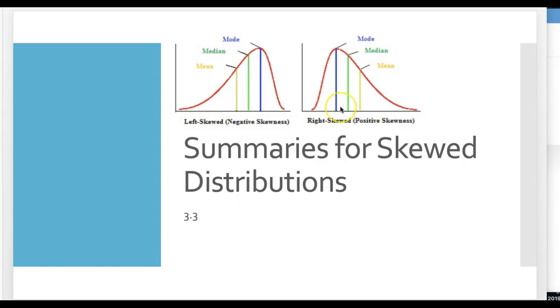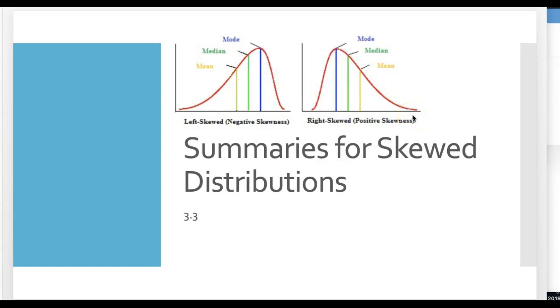And in this picture here, we have a distribution that has something similar to this shape where it's stretched out to the right. So that's called right skewed, right? And what we see here is this mean gets pulled out with the skew.